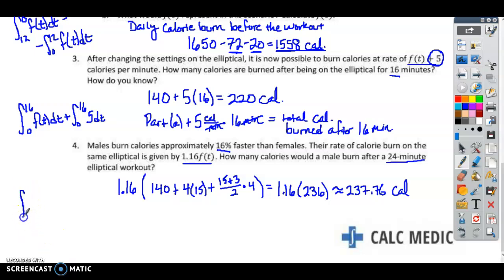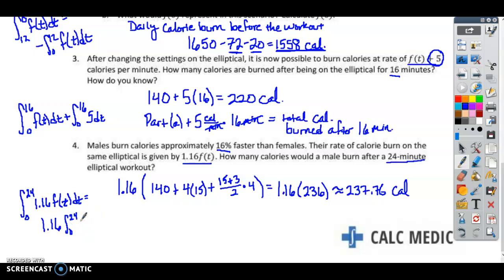Think about this theoretically and conceptually at the same time. The integral from 0 to 24 of 1.16 times f of t dt. Well, guess what? That's the same thing as 1.16 times the integral. This is our constant rule, if you will.